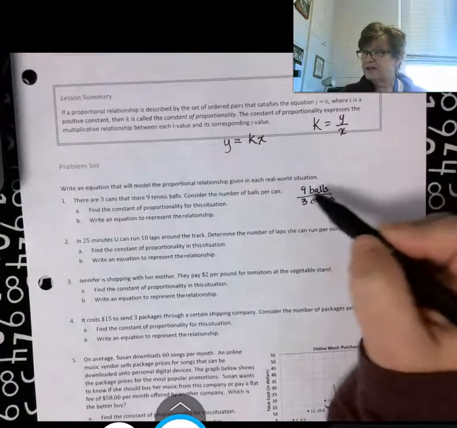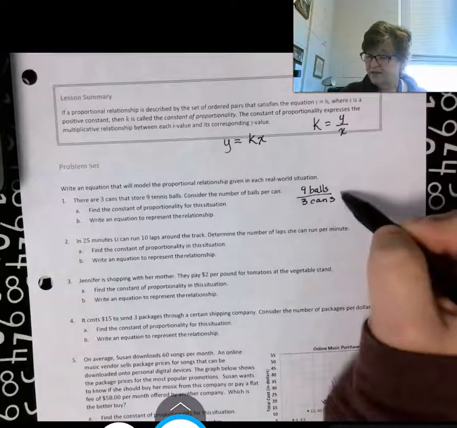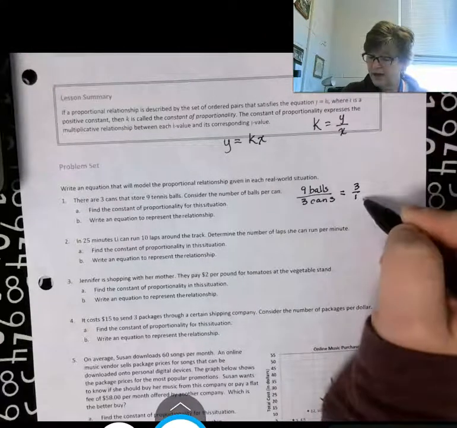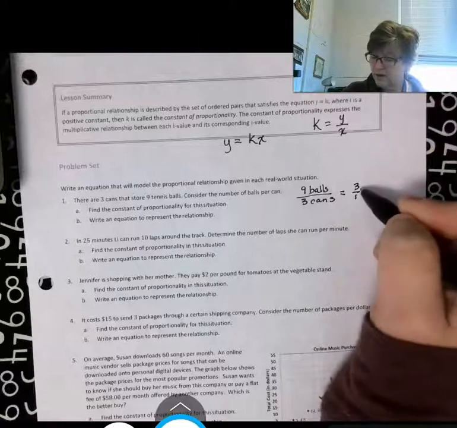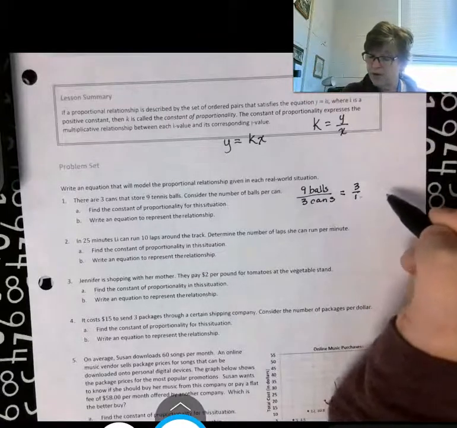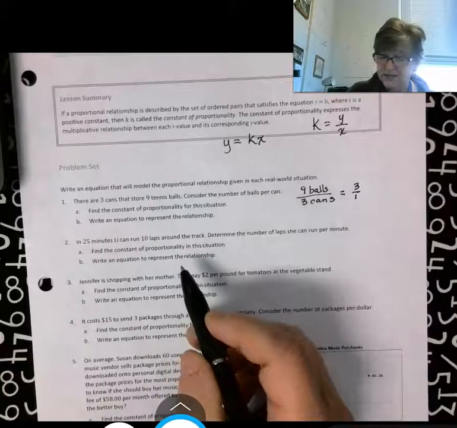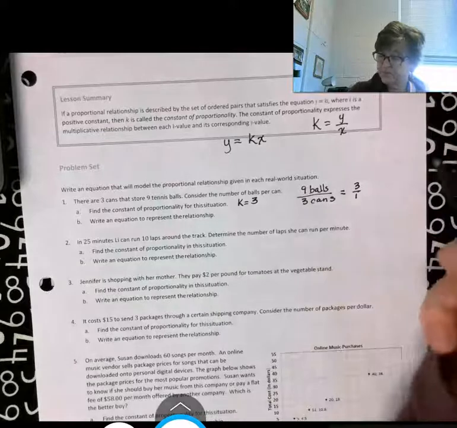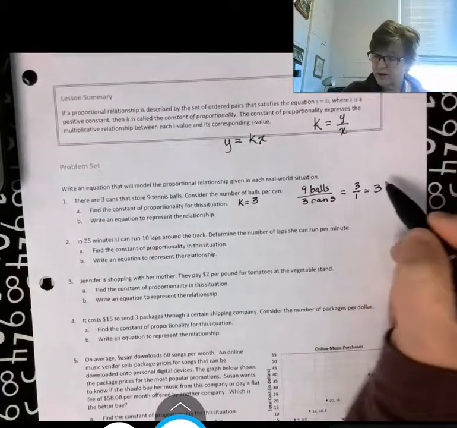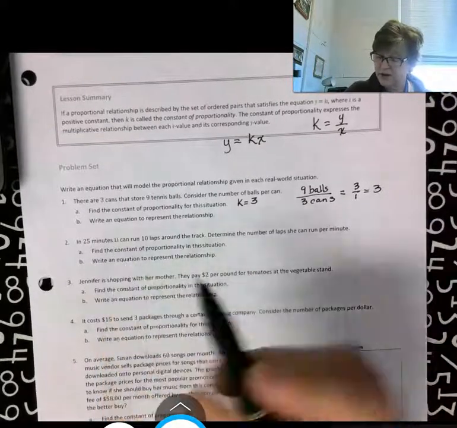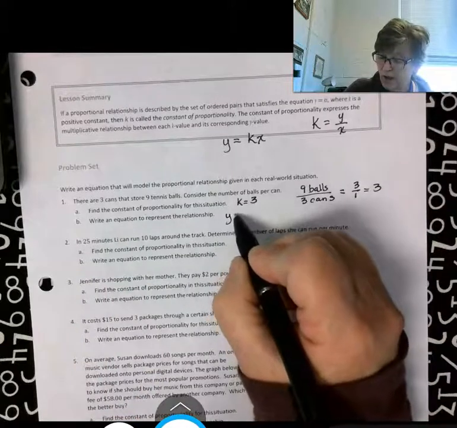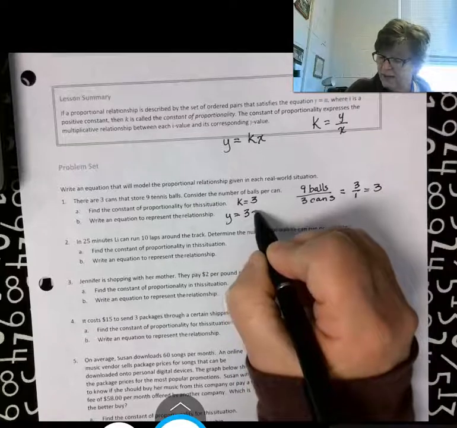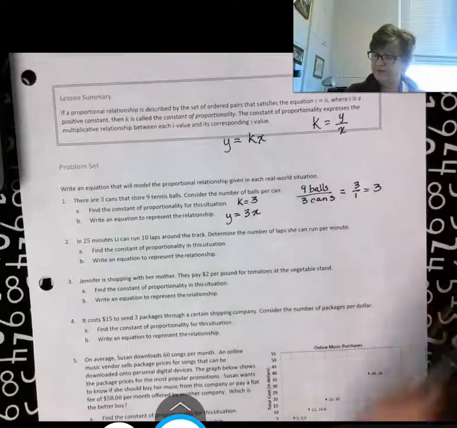And if I simplify that, 9 divided by 3 is equal to 3 balls per 1 can. So my constant is equal to 3. Now the equation here is y is equal to my constant times how many cans I have.